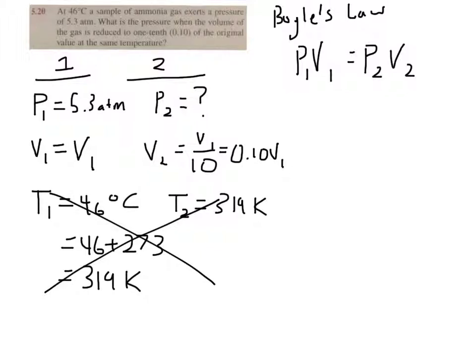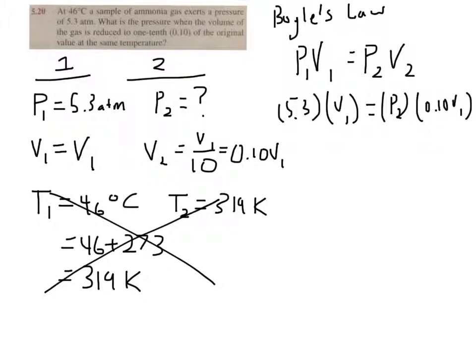So P1 is 5.3. V1 is V1. P2 is a question mark, so we'll call it P2, or you could call it X or something. And then V2 equals V1 over 10, or 0.10 V1.